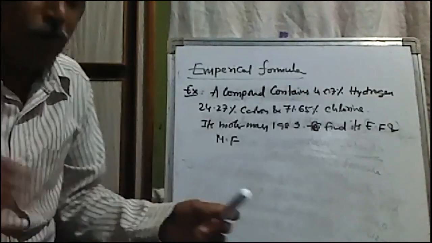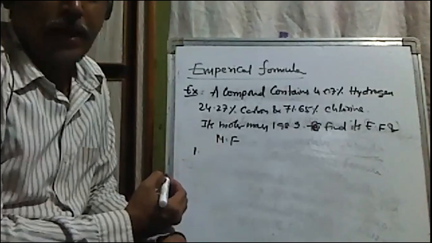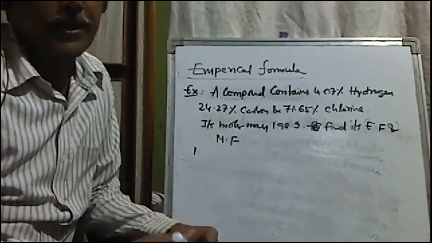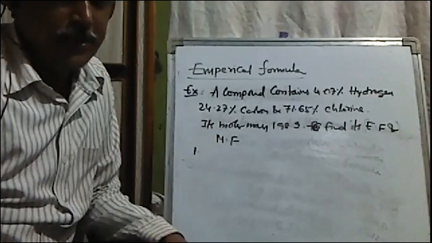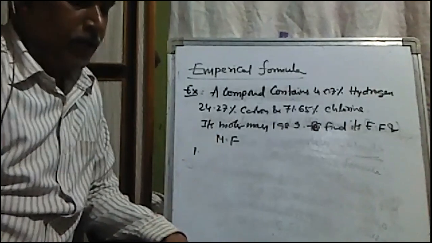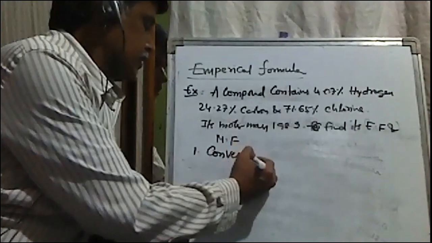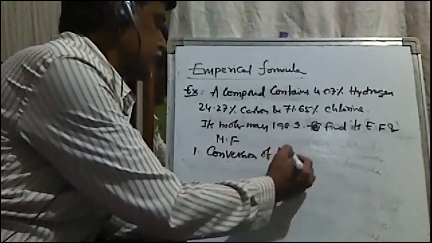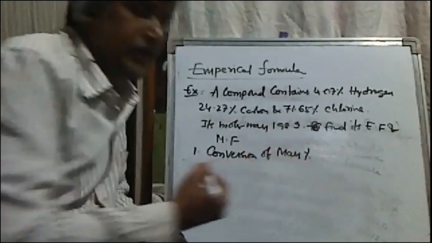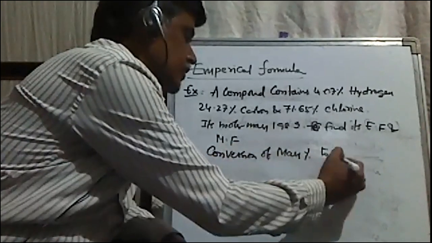Now, to calculate the empirical formula from the composition, there are 4 steps. The first step is conversion of mass percent into grams.